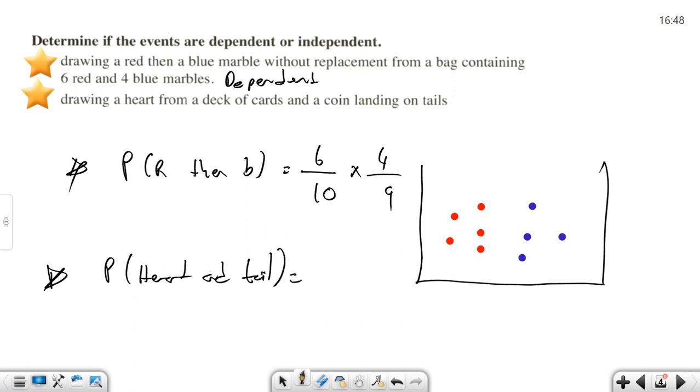When you draw a heart from a deck of cards, it doesn't change the probability of the coin. So 1 over 4 for drawing a heart, multiplied by 1 over 2, equals 1 over 8. That's how we solve it. A card and a coin don't affect each other.